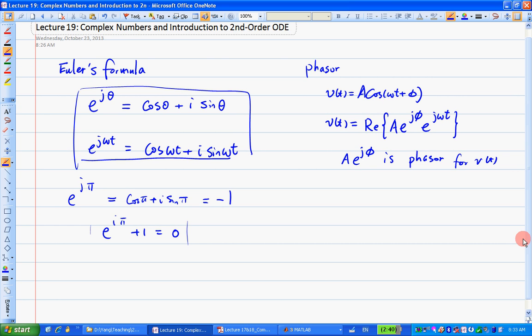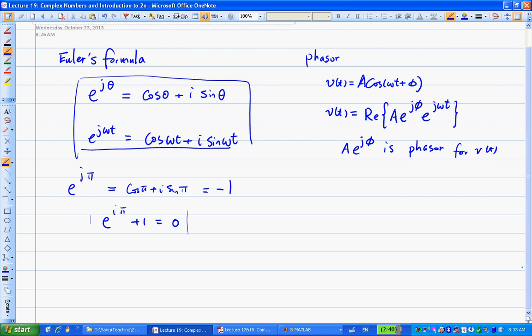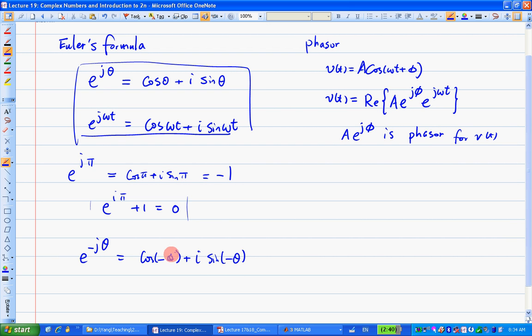All right, so now just a little bit further on Euler's formula, there's one little thing that might be useful. You see this is e to the power of j theta equal to this, right? How about e to the power of negative j theta? Basically we change theta to negative theta. So this is cosine negative theta plus j sine negative theta.